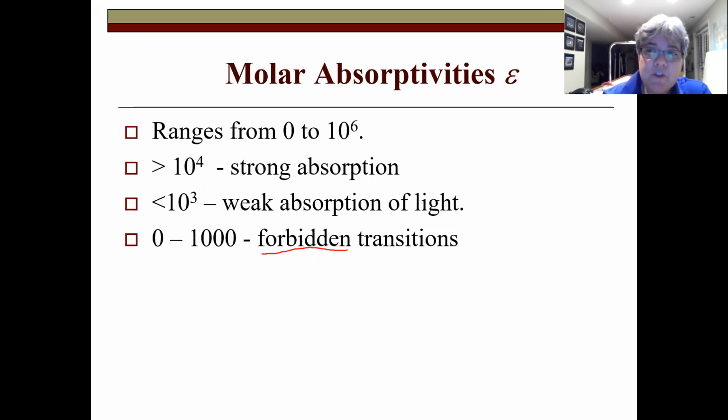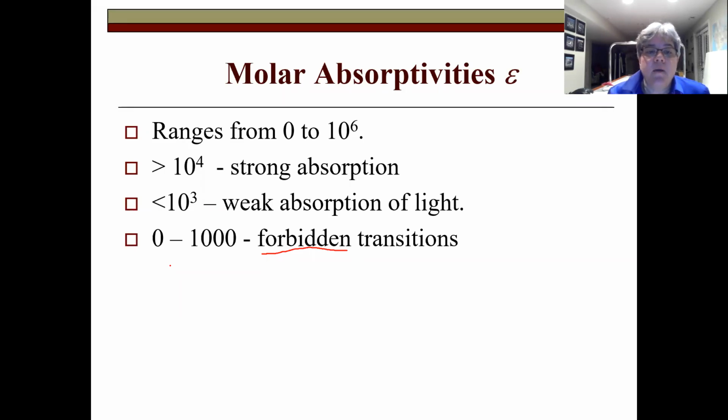What forbidden transitions mean is these are very weak transitions. The absorption of light is very weak, and the absorption of light is less probable. So if we have a strong absorption, then the molecule really wants to absorb that, and usually will. But if it's a forbidden transition, that means it's less likely that it will absorb. It still does absorb, but these are weak. Okay, so forbidden transitions happen.